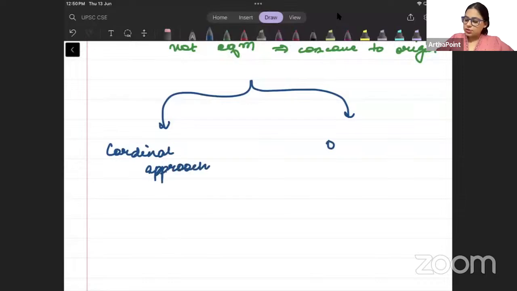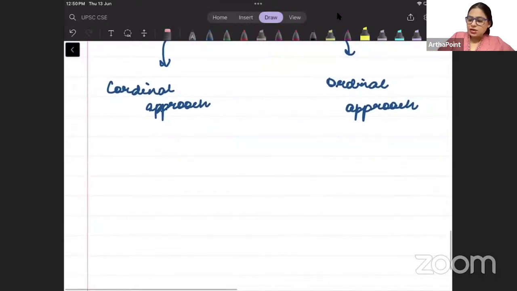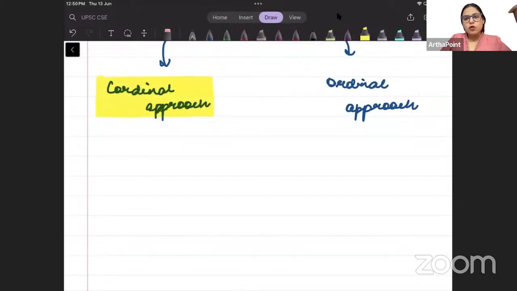And the second method we used was the ordinal approach. In the cardinal approach, we used the concept of the law of equimarginal utility. So we used this: MUX by PX is equal to MUM.